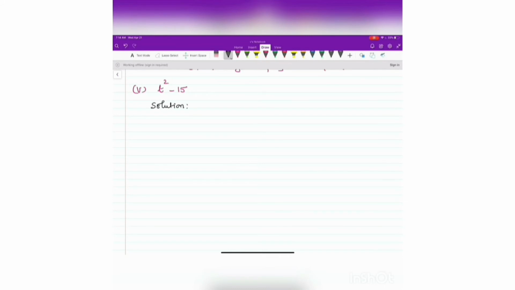Since the given polynomial is in t, we can make the assumption: let f of t is equal to t square minus 15. And now I have to factorize this. I can write it as t square minus root 15 the whole square, since 15 can be written as root 15 the whole square.